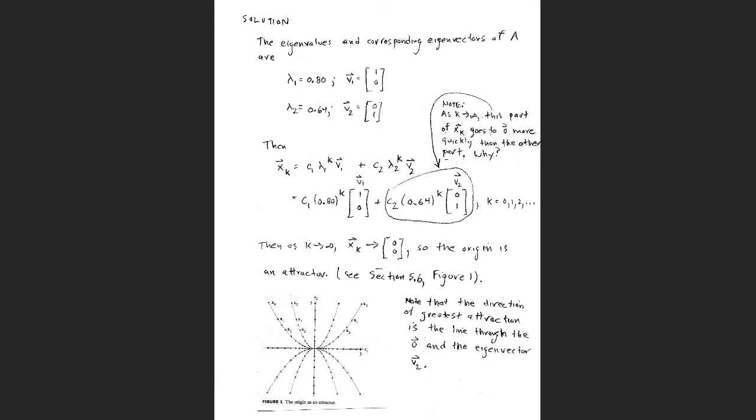All the trajectories approach the origin, but they all end up, let me say this right, approaching the origin in a way that they are hugging the x1 axis. You see that? How all the trajectories, as k gets large, hug the x1 axis.